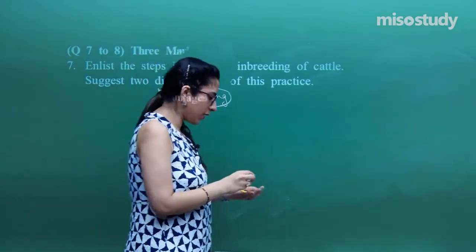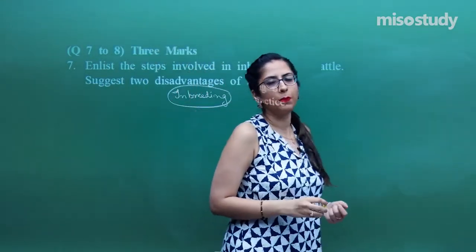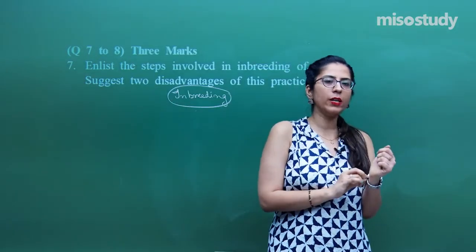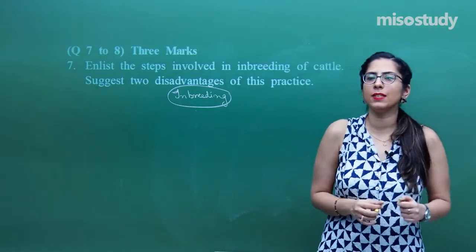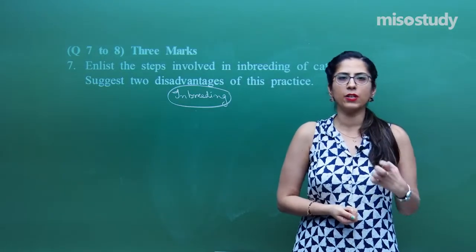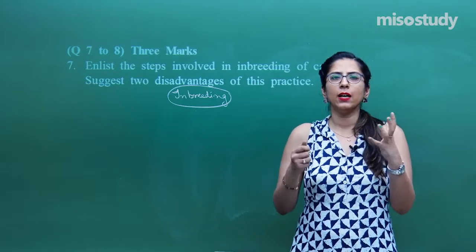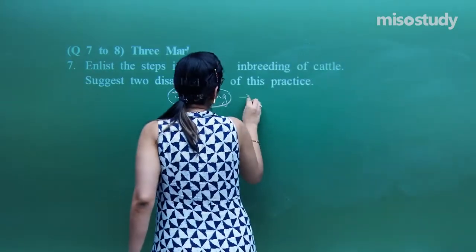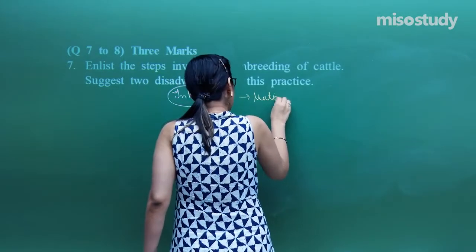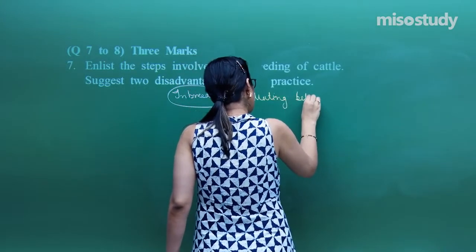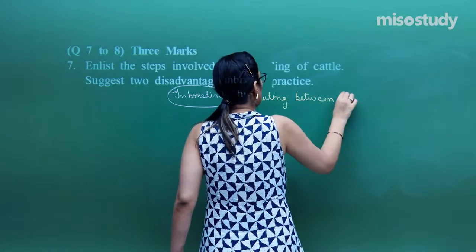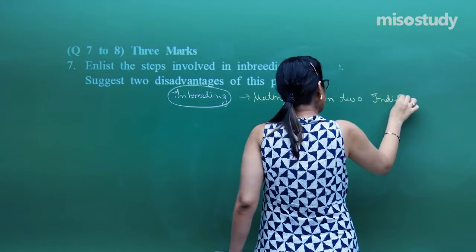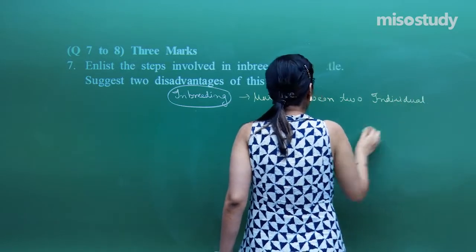Inbreeding is a process by which mating happens between two individuals which are related to each other, or you can say which have a common ancestor, and they belong to the same breed. So mating between two individuals, right?